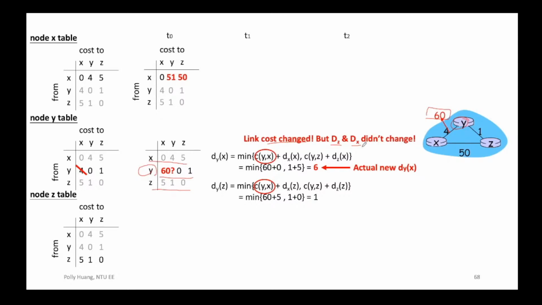So y is using the old dz and dx. Therefore, the old dz is telling y that the shortest distance from z to x is 5. So in the short term, y is under the false impression that this is the best route. Y sends to z, and z will somehow know a way, the cost is only 5 to x.